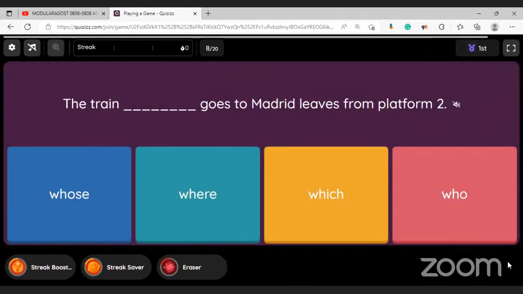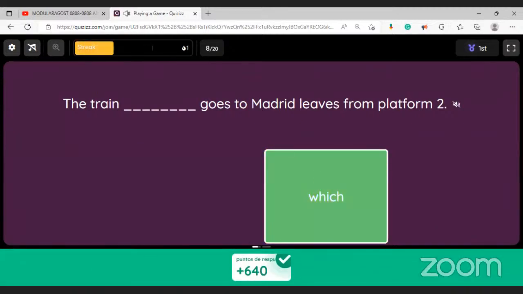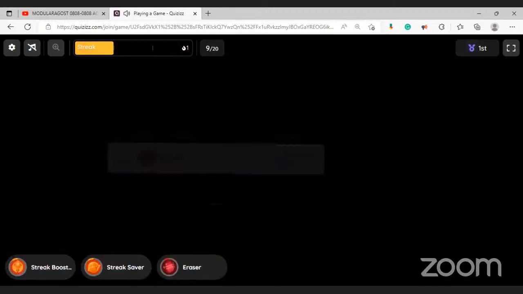The train goes to Madrid, leaves from platform 2. Where? Not really. Probably it is which.